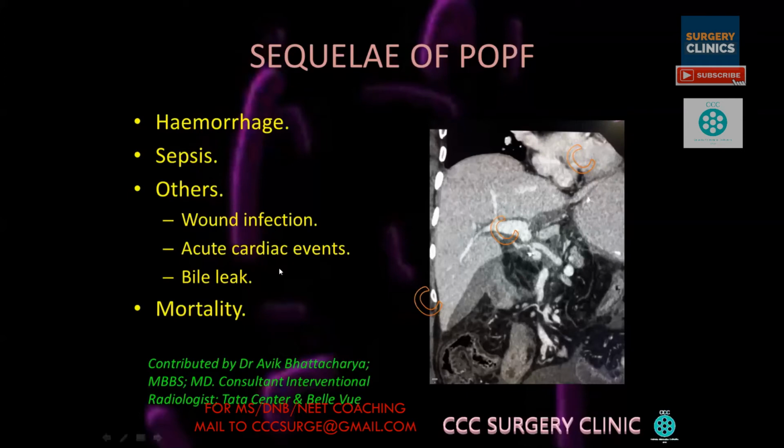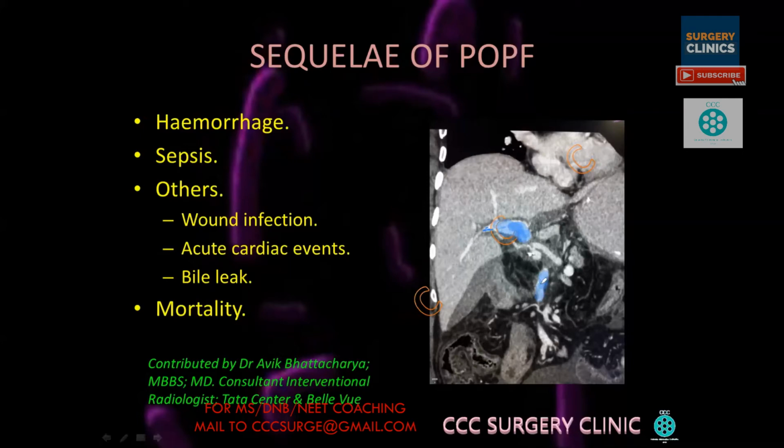So if I now take you through this, let's take this color blue. If you take this color blue, you realize that that is actually the portal vein, and that is the superior mesenteric vein.